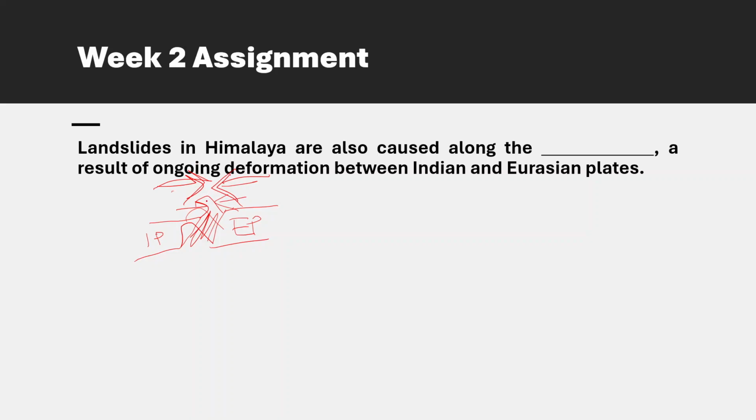Okay, you have come closer anyway. So the answer is the active faults, and especially in this area we have the thrust fault. You mainly have the thrust faults present over here because of the compression.